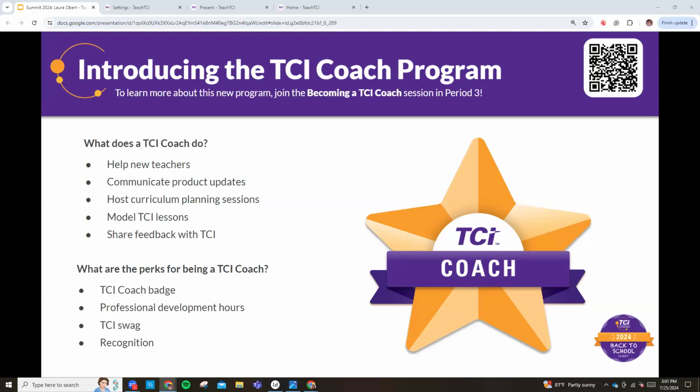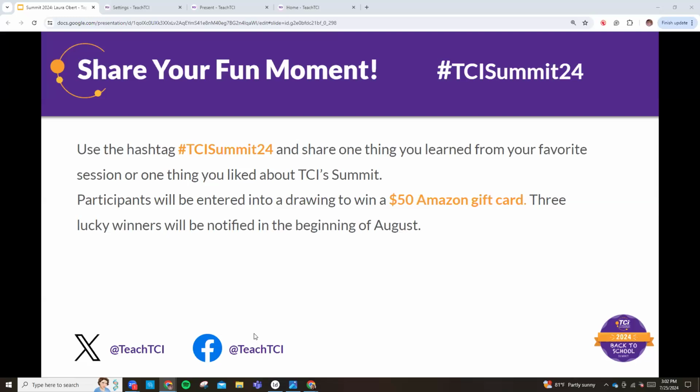This is your chance to take your enthusiasm and your expertise to the next level and to help others discover the transformative power of TCI and bringing learning alive. If you're interested in doing this, join us to become a coach. Let's help us inspire and elevate our community all together. And so that's a really great opportunity to have in here.